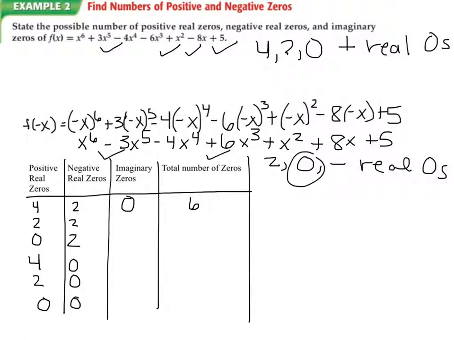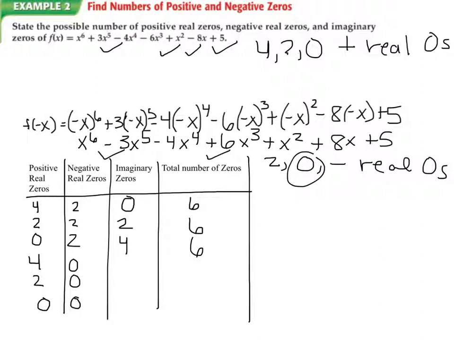On the second one, we have 2 positive real zeros, 2 negative real zeros, which means in order to have 6 total zeros, we're going to have 2 imaginary zeros. On our third one, we have 0 positive real zeros and 2 negative real zeros, which means in order to have a total number of 6 zeros, we're going to have 4 imaginary zeros.